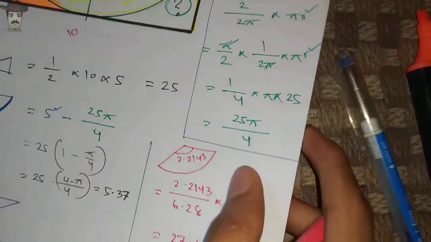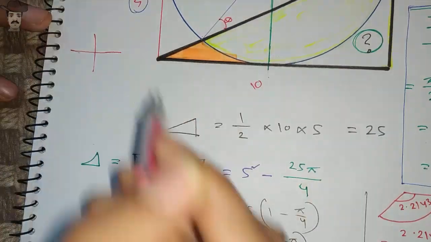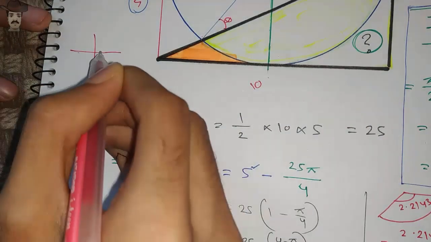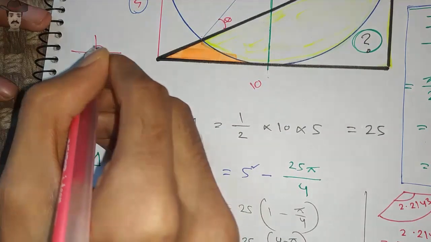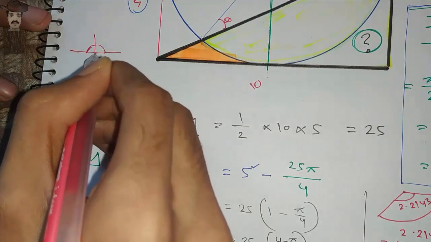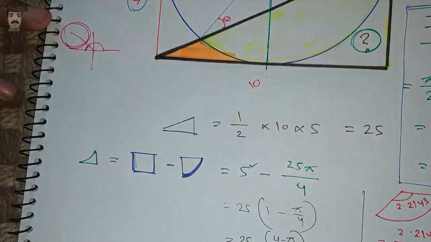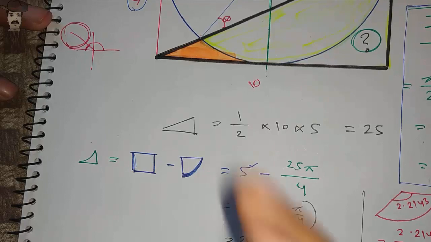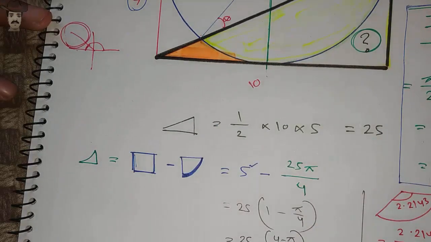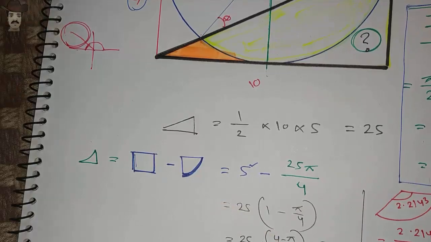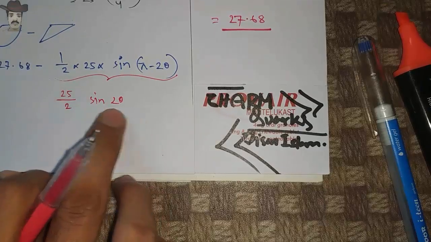Pi minus an angle lies in the second quadrant, where sine is positive, and since pi is an even multiple of pi by 2, sine remains sine, and there won't be any negative sign. It will be just simply sine of 2 theta.